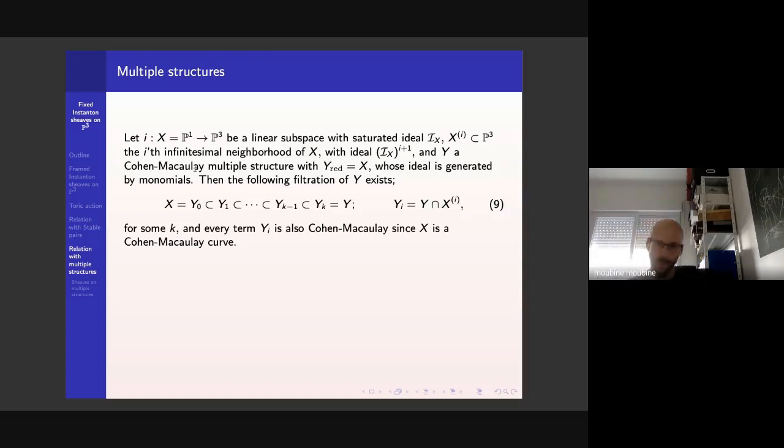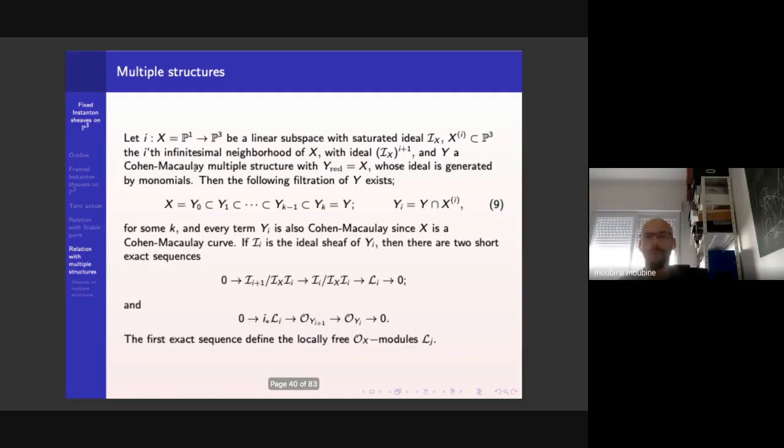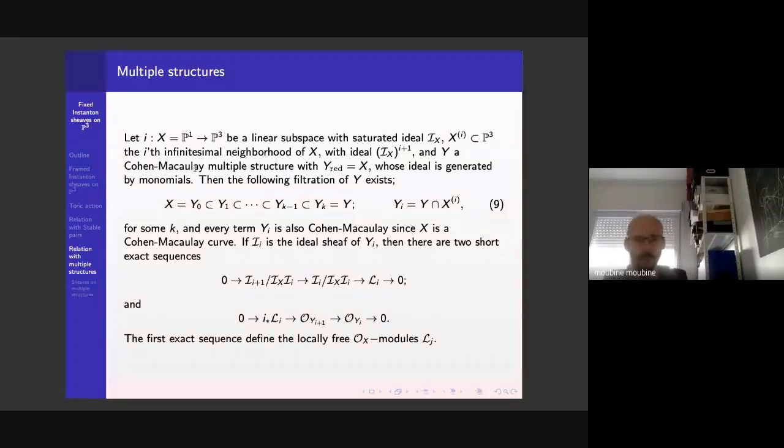If I consider multiple structures on higher dimensional, let's say, linear spaces. Okay, so with this, one has these two exact sequences associated to the restriction of the (i+1)th structure to the ith structure.